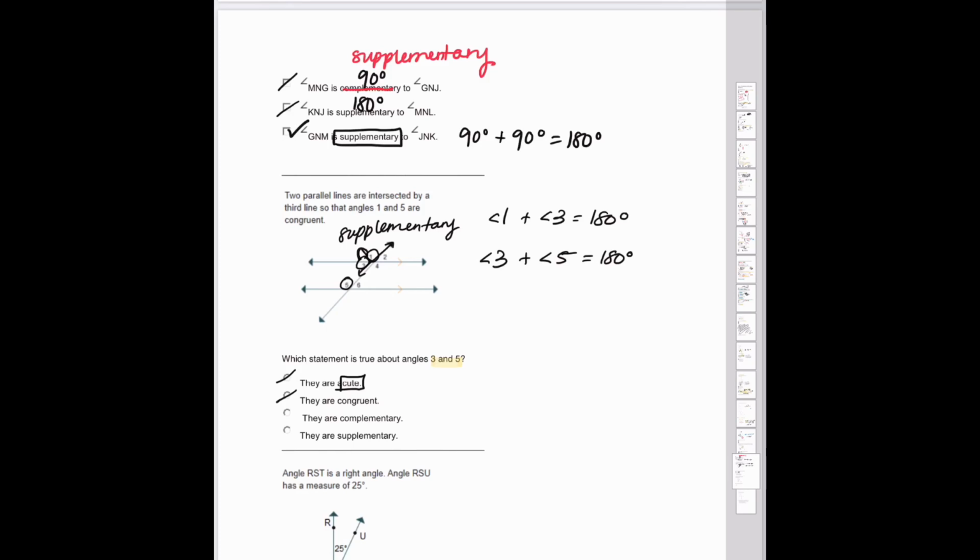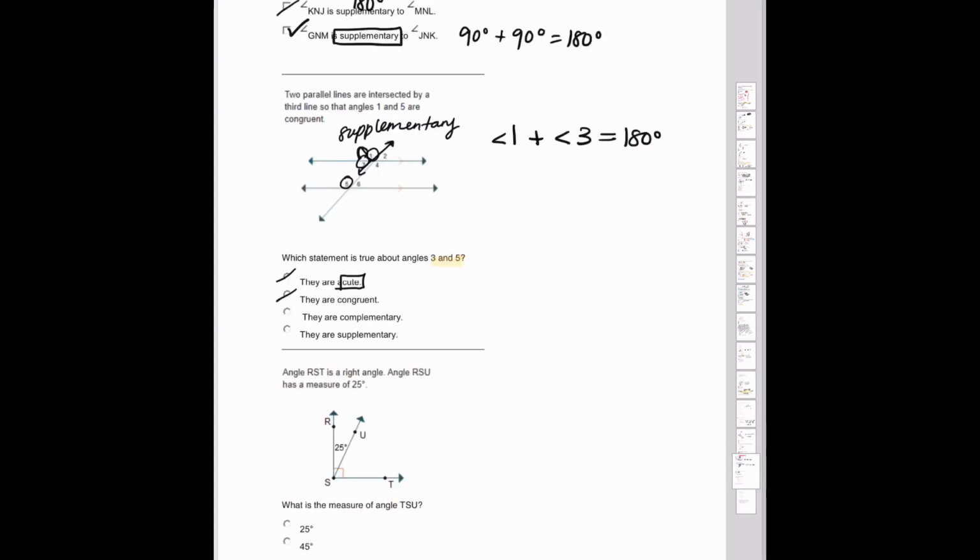Why? Well, because 1 and 5 are congruent. Actually, the easiest way for you to see that is if angle 1 plus angle 3 is 180, and we know that 1 and 5 are congruent, then we can substitute 1 for 5 because they're exactly congruent to each other. They're the same measure. That's what congruent means.